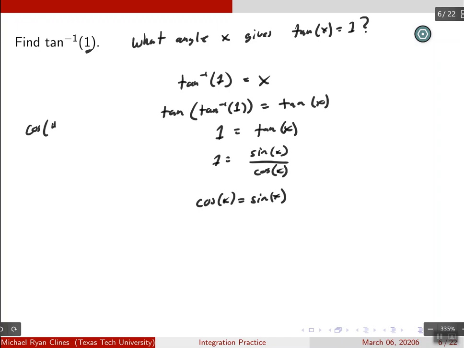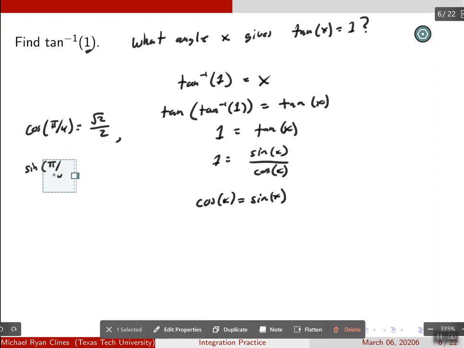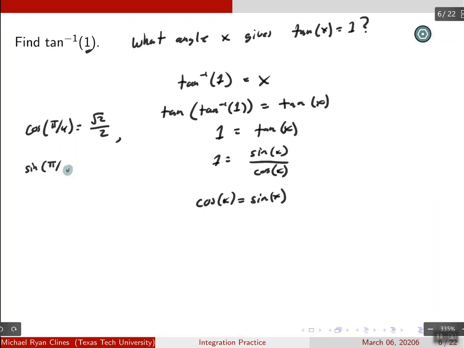Cosine of pi over 4 is equal to root 2 over 2, and sine of pi over 4. What just happened? Well, that's interesting. Sine of pi over 4 is also equal to root 2 over 2.